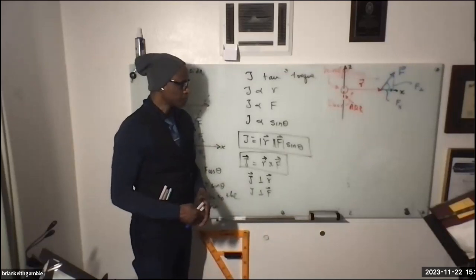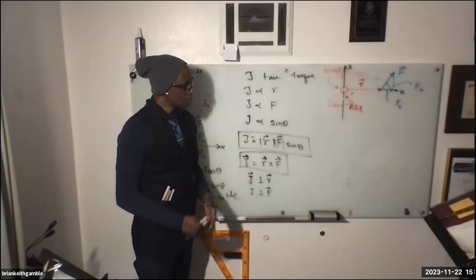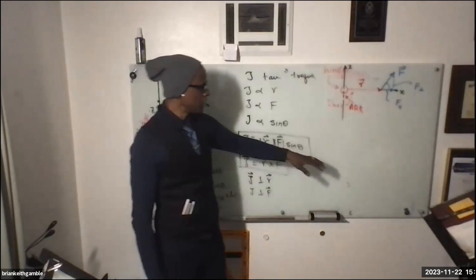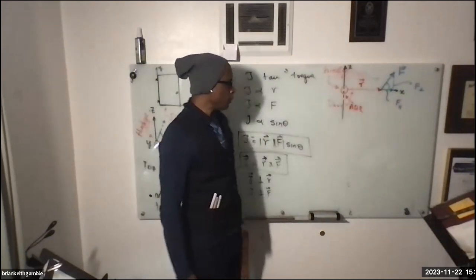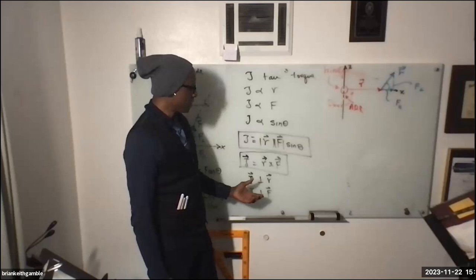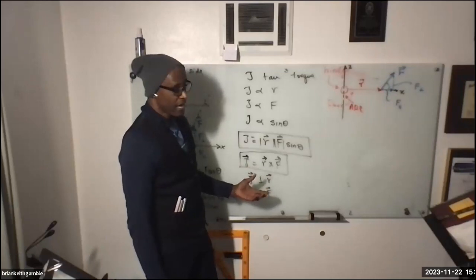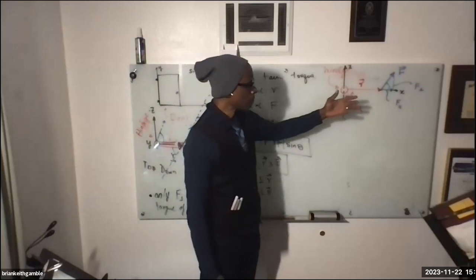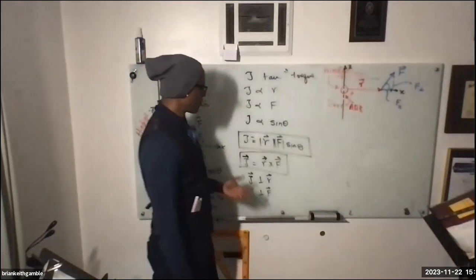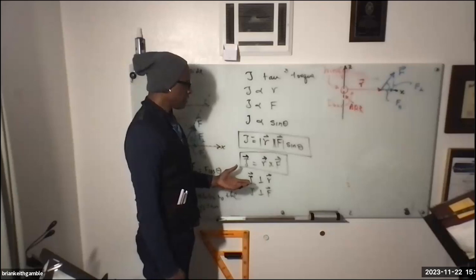So what I've described here is a combination of both, showing you that when you take a cross product, you're basically picking out the part of the magnitude that contributes to whatever quantity you're describing.